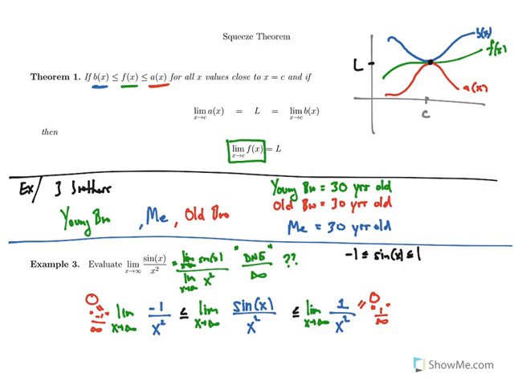It's 1 over a super huge number, which is a super small number. So the right-hand side and the left-hand side of this inequality are both 0. And the thing that we care about is trapped in between 0 and 0, which means that it is forced to be 0 itself. So that is our answer by the squeeze theorem.